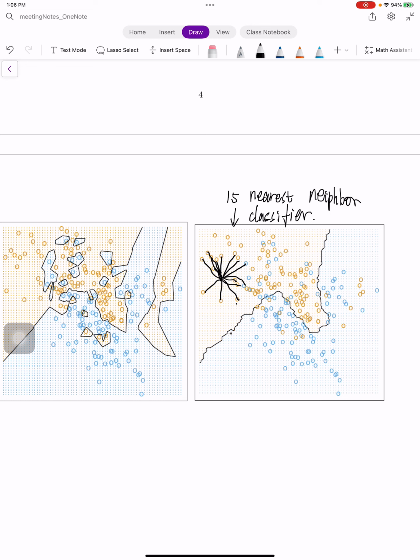Okay. And among those 15 data points, we count how many of them are labeled as a defaulted one, how many of them are labeled as a reliable one. And the dominant class is what we classify this point as. For example, here, among 15 of them, 12 of them are defaulted debtors. So we classify this new data point as a defaulted debtor.